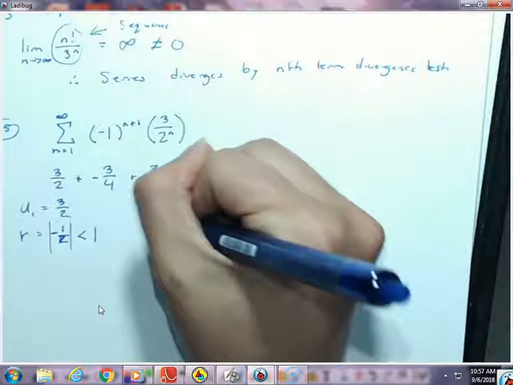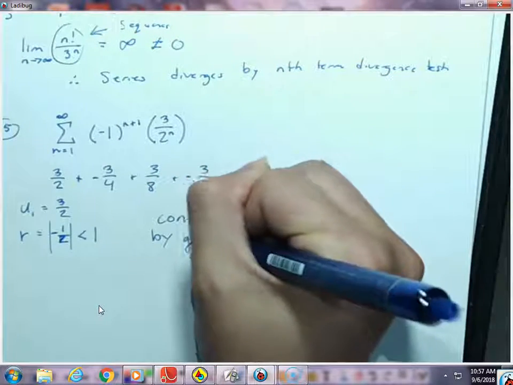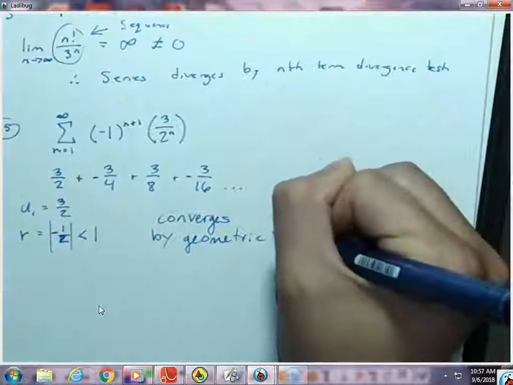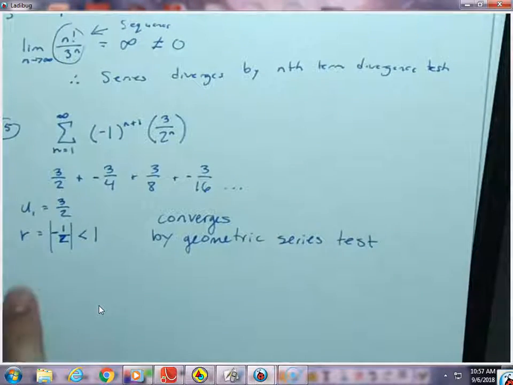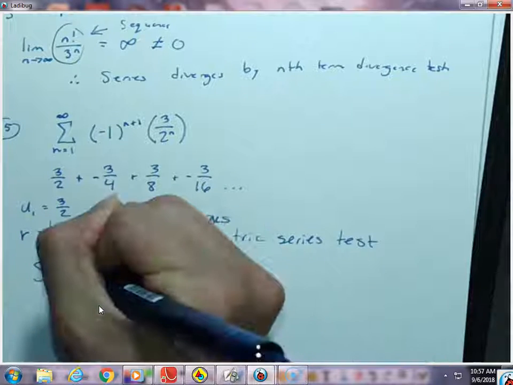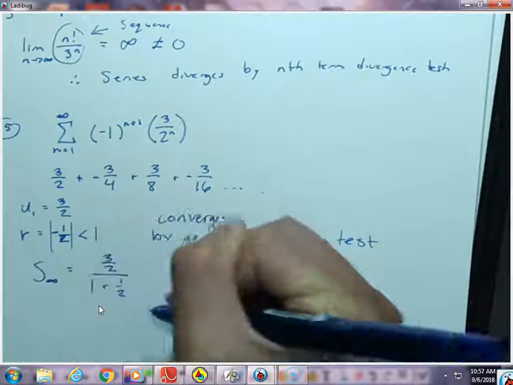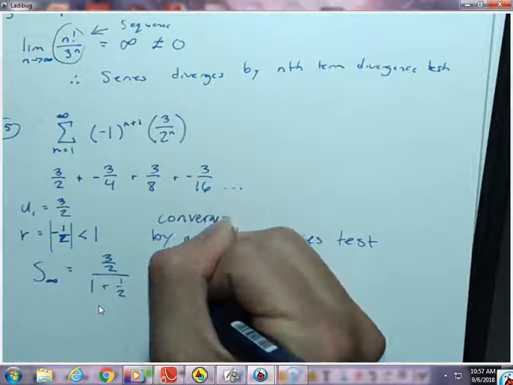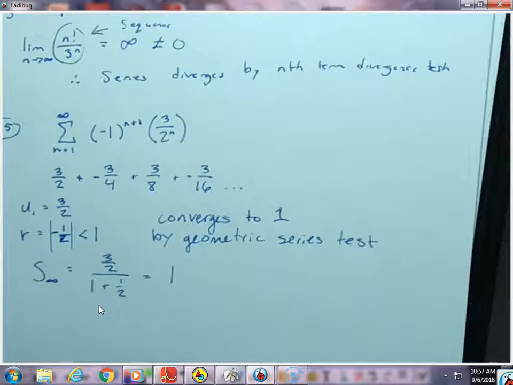And so you already know that the series converges by the geometric series test. And then because you know it converges and you have r and u sub 1, you have to find what it converges to. So the sum is 3/2 over 1 plus 1/2, and that's just 3/2 over 3/2, which is 1. So it converges to 1.